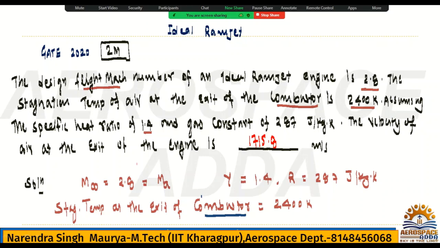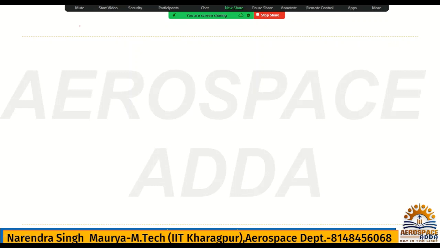In that range or region that value should be there. If it is beyond that range, then it will not be considered as a correct answer. Hope you understood. Now, so this is problem number 2.